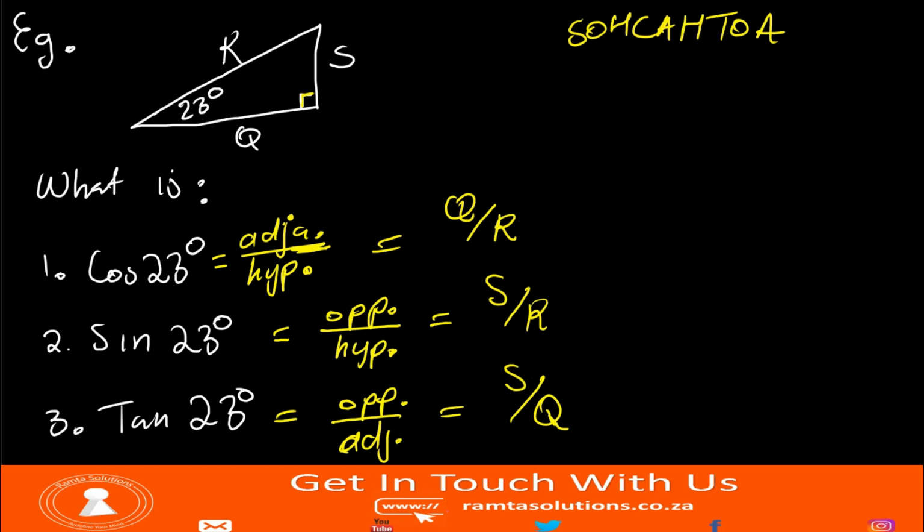Now, let's try another example. I will call it example 1. Let's try another example. We will call it example 2. Now, with example 2, we have this. This is angle beta. This length is 34 units. This is 16 units. And this is 30 units.